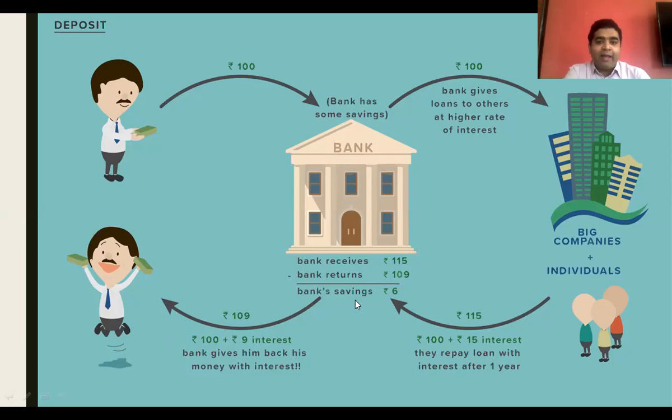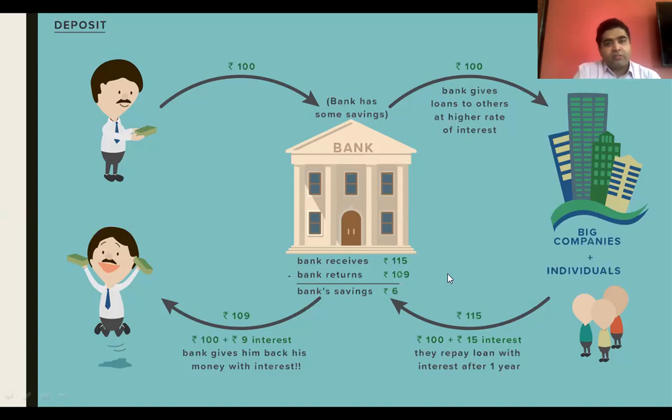In this example, the bank has accepted a deposit for interest of rupees 9, and the bank has lent money to the company for the interest of rupees 15. The gap between the two interest amounts is the bank's surplus. The bank uses this surplus to incur its expenses and the remaining amount is the profit of the bank.